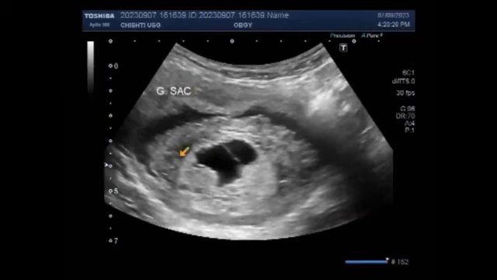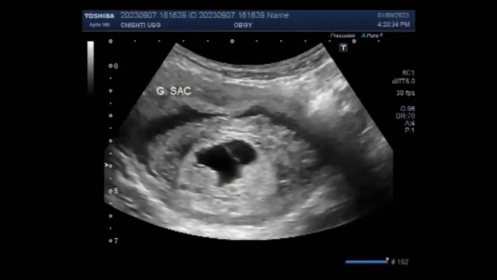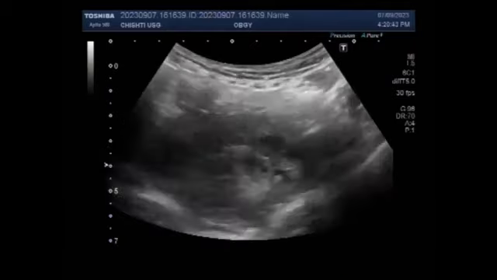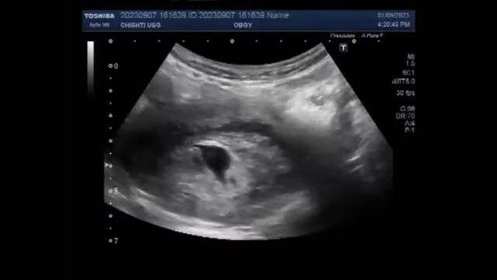So the blighted ovum is a type of miscarriage that occurs very early in the pregnancy, in which the fertilized egg is not able to develop into an embryo after it has attached itself to the uterine wall.